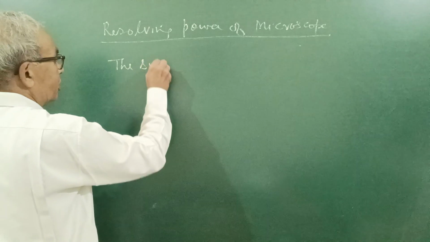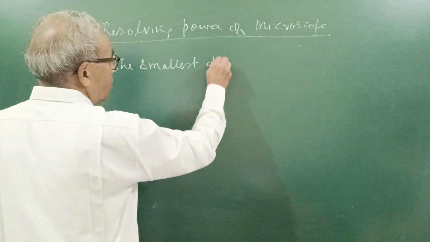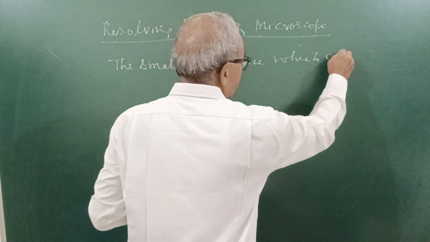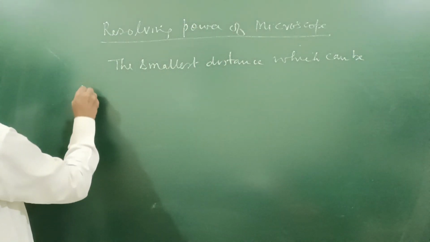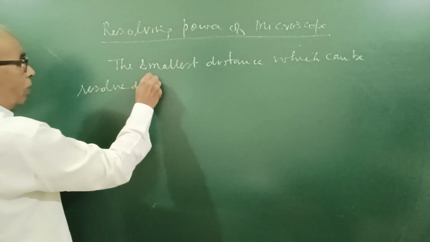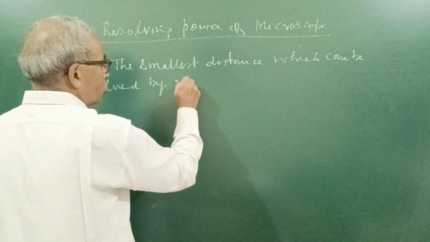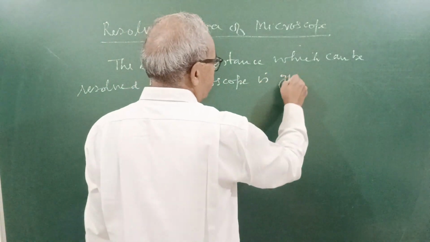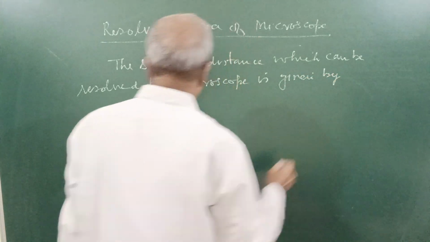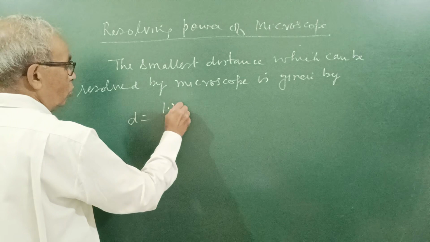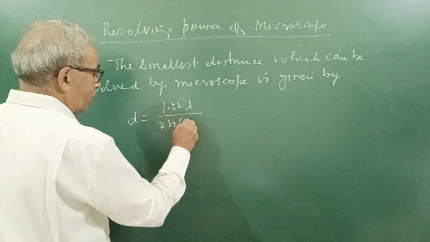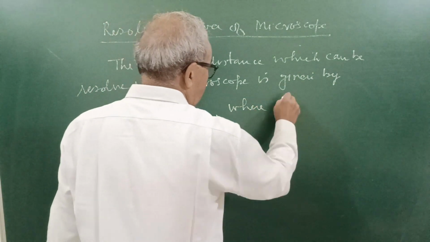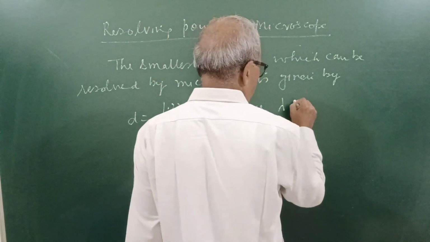The smallest distance which can be resolved by a microscope is given by d equal to 1.22 lambda upon 2n sin theta, where lambda is the wavelength of light used.